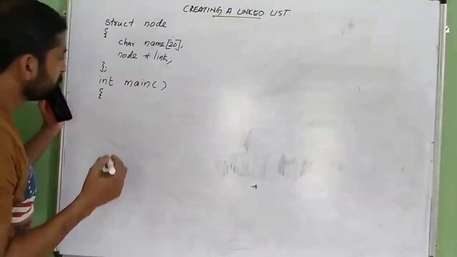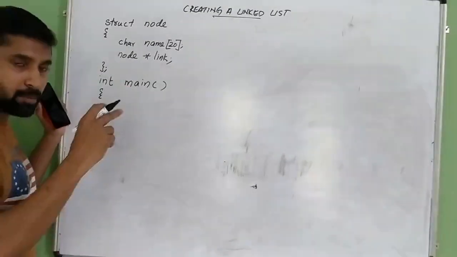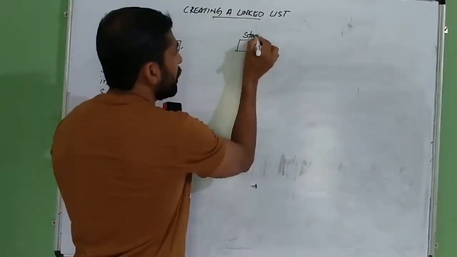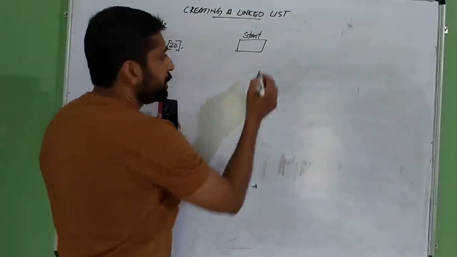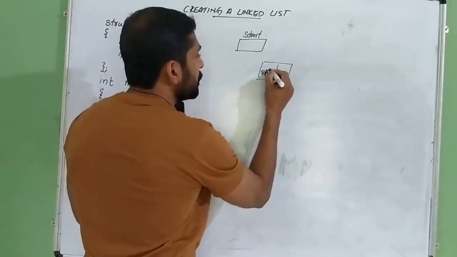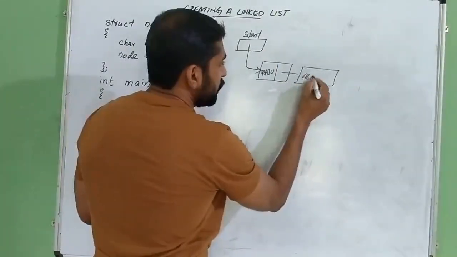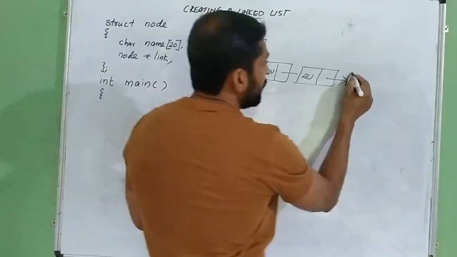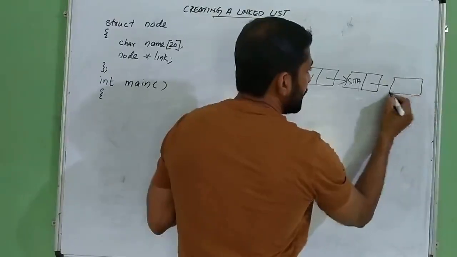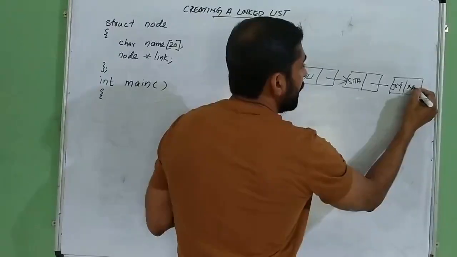Now here we have some nodes. As we know, there will be a node pointer called start, then here Raju, and it will be linked with another node Ali, it will be linked with another node Sita, it will be linked with another node Joy, and so on.